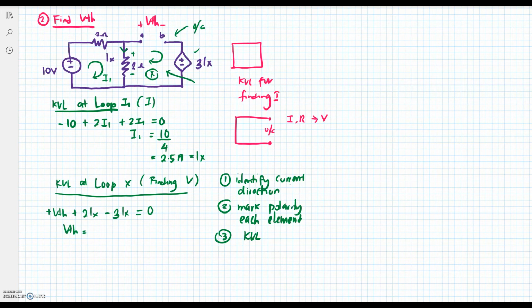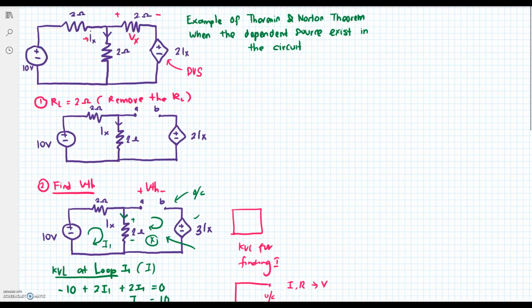Okay, so 3 ix minus 2 ix will be ix, which is the V Thevenin is 2.5. Okay, this is the answer for the V Thevenin. So I correct this also.